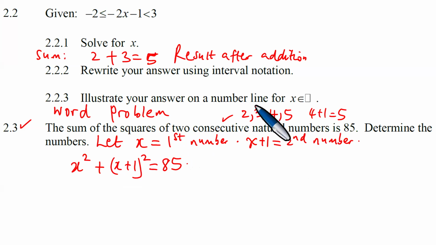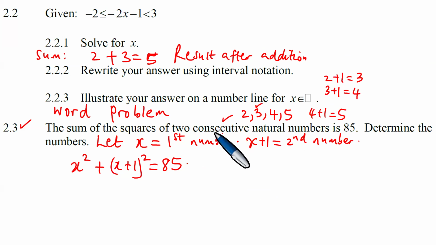If this number is 3, the next natural number after 3 is 3 plus 1, which is 4. If we start with 2, the next is 2 plus 1, which equals 3. So if we start with x, the next one is x plus 1. You always add 1 to get the next number.